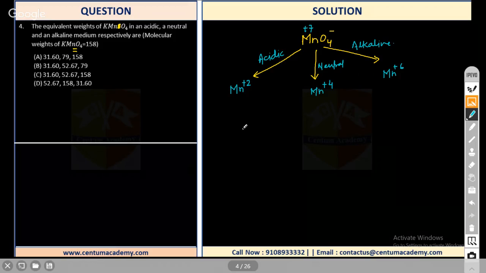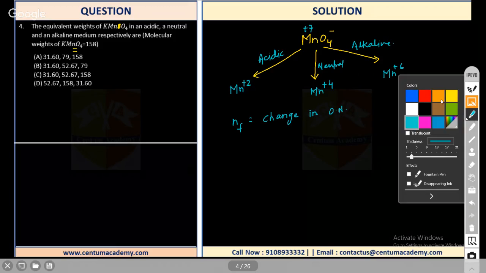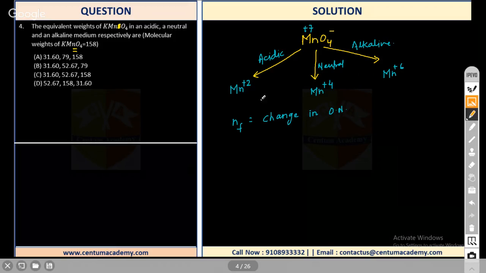Right? So here, the N factor is the change in oxidation number. For acidic medium, the N factor will be 5. For neutral medium, the N factor will be 3.